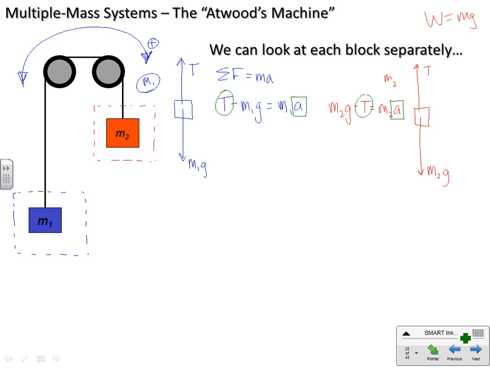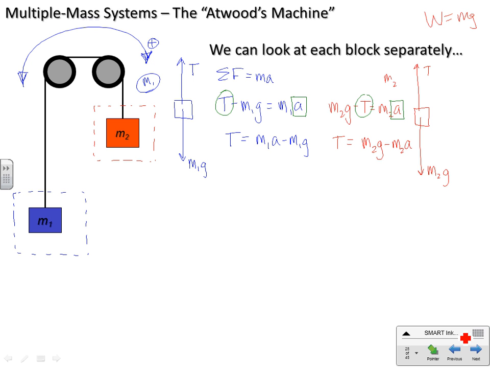If we want to see what their acceleration is, here's what I'm going to do. Each of these has the same tension, so I'm going to solve each one of these equations for tension. This one says tension equals M1a minus M1g. This one says tension equals M2g minus M2a.